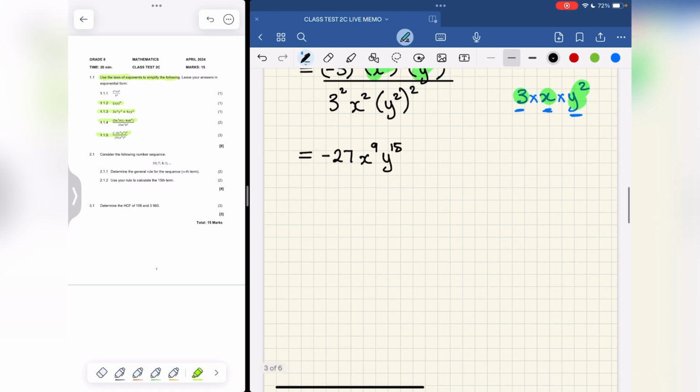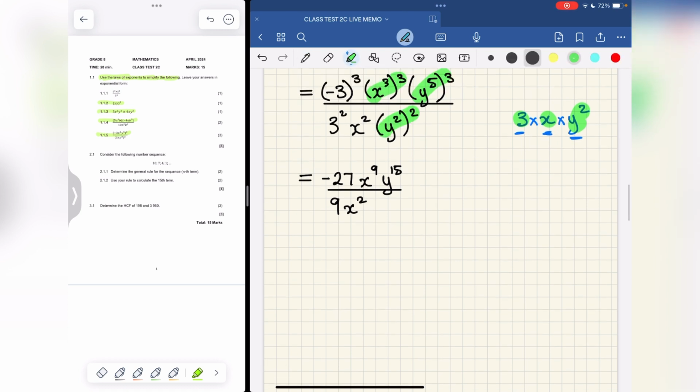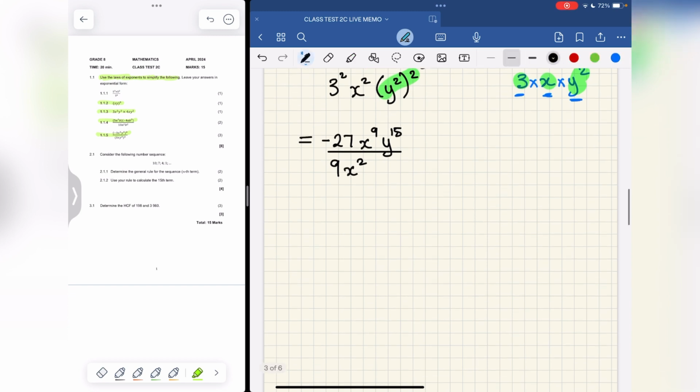So there we have our numerator simplified. Then in my denominator, 3 to the power 2 is just 9. We don't need a calculator for that. x squared stays x squared. And y to the power 2 raised to the power 2 is y to the power 2 times 2. And that will be y to the power 4.